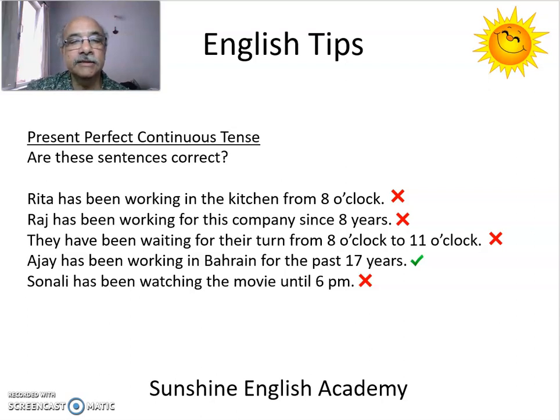The next sentence, Sonali has been watching the movie until 6 p.m. Here again, we have mentioned the time till when the action has been going on, which is incorrect. We don't have to mention the time. So we can make a sentence something like, Sonali has been watching the movie since 4 o'clock.